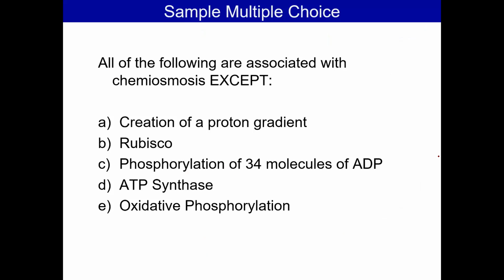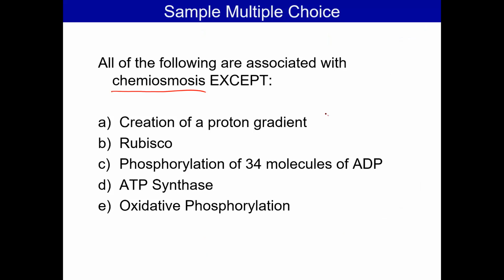So here's another question. Again, we have to know our words. It says all the following are associated with chemiosmosis. You're probably thinking, okay, what is that? That is where we are using the proton motive force to make ATP. I didn't coin the word, it's just the word that's used. So proton motive force, ATP.